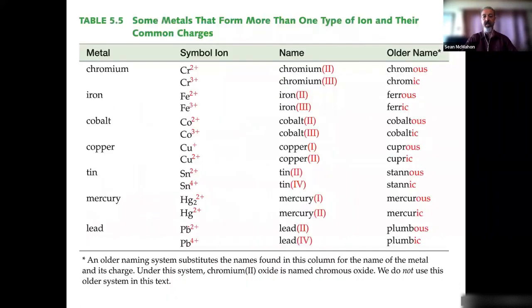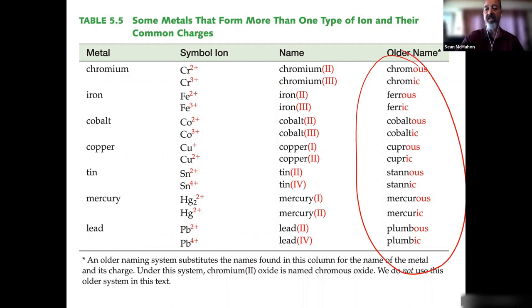All right. So here is an example of different transition metals and their Latin-derived names, okay? Again, I don't emphasize it, I just don't. But I did go over cuprum and ferrum, okay?